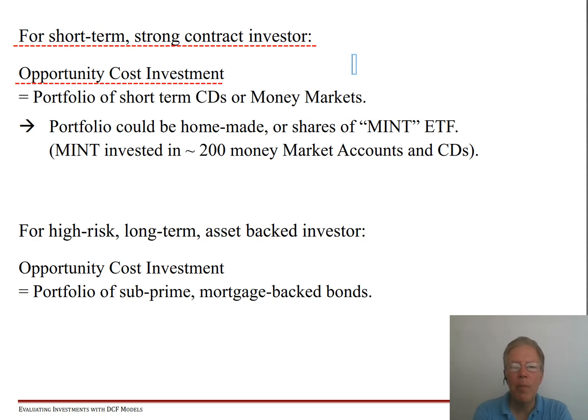Now, this could be homemade, or it could be anything else that you find that's legitimate in the marketplace. And it just so happens there's an exchange-traded fund, ETF for short, in the marketplace with ticker symbol MINT. And basically what MINT does is it invests in about 200 money market accounts and CDs. That's perfect for us, okay? That's a diversified set of very short-term investments with very low risk.